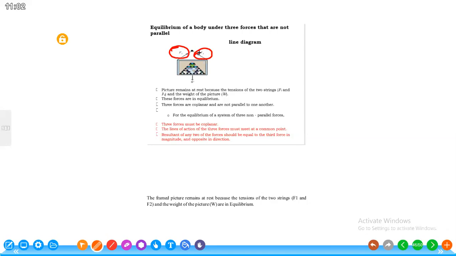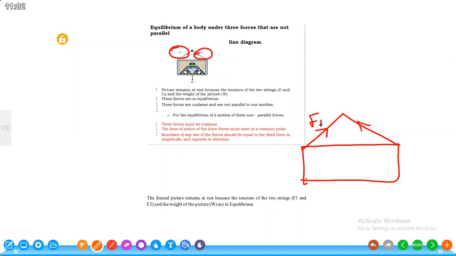These forces are in equilibrium. This is the weight of the object. So in here, sometimes questions ask you to label the forces which are acting here: F1, F2, and the object's weight. So these forces are in equilibrium.